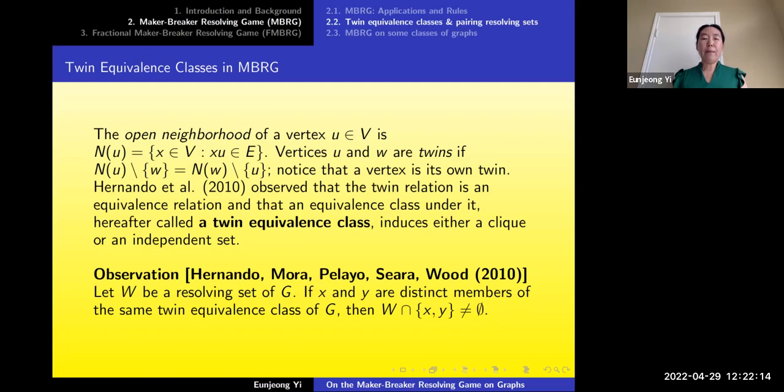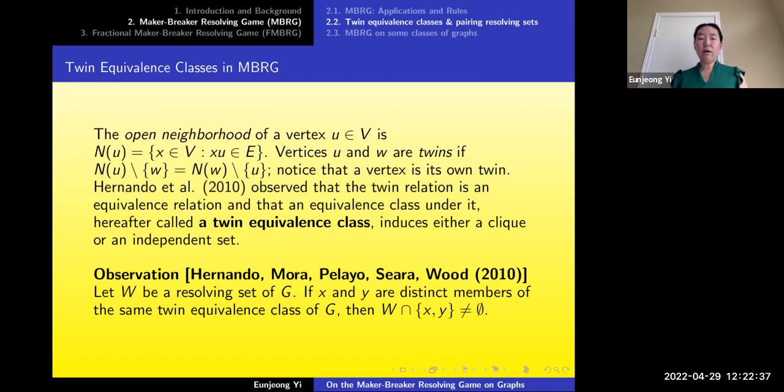The open neighborhood of a vertex u is the collection of vertices x such that xu is an edge. Now 2 vertices are called twins if they have identically the same neighbors, excluding themselves. Notice that a vertex is its own twin.